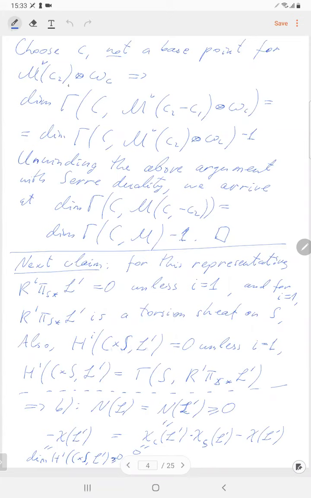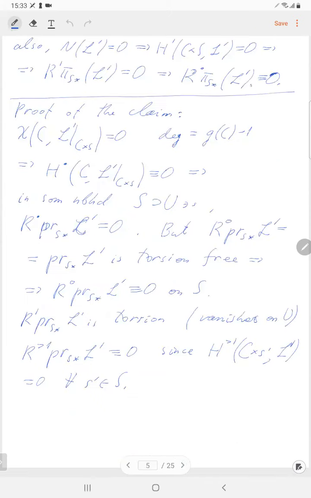So it's like we have C times S. We project it to S, and we project it to the point. And there is this composition, maybe I should call it pi, whatever.